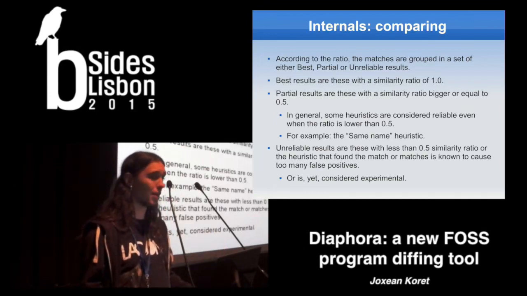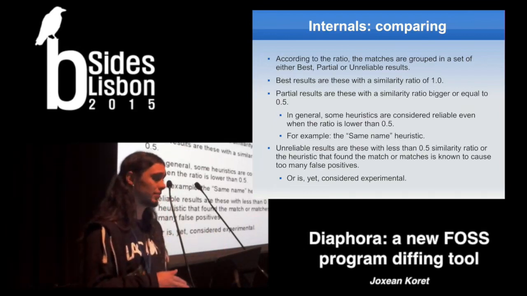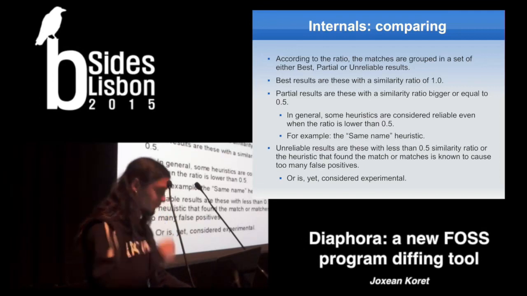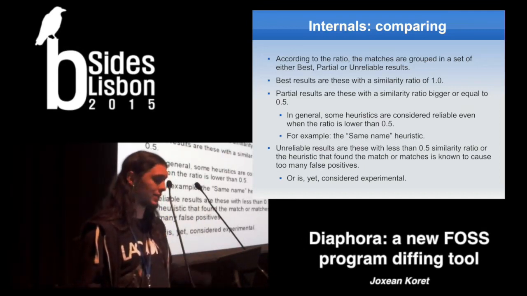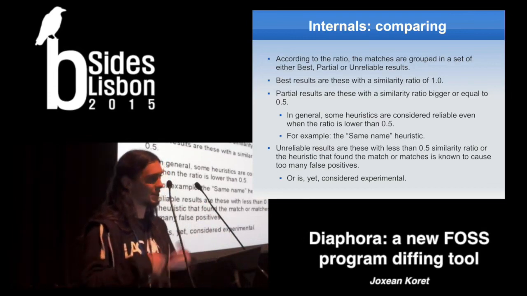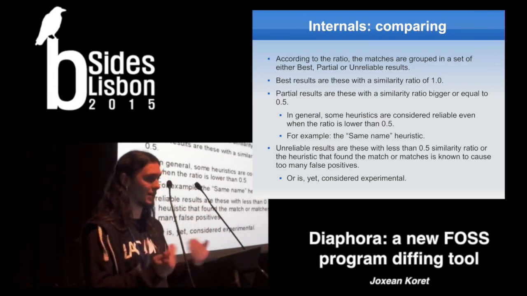For example, when comparing Microsoft patches, it helps a lot. Even if one function was heavily modified, when the similarity ratio is like 0.2 or something like that, we know that it is still a good match because we have partial symbols.